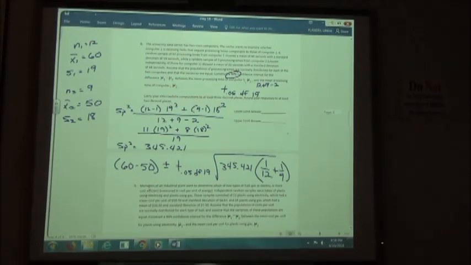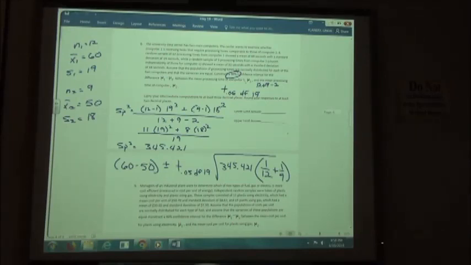Plus or minus t sub 0.05 with a degree of freedom of 19. And click up to the side, put our square root symbol. Square root, not squared.